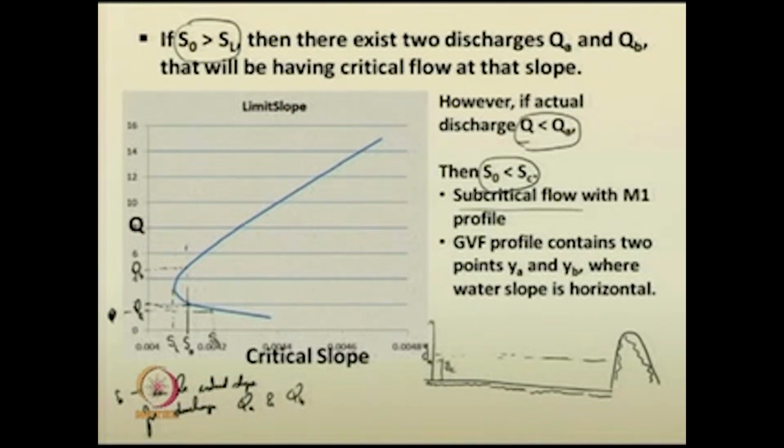You know that this will gradually increase like this, right. So, this is a gradually varied flow profile.